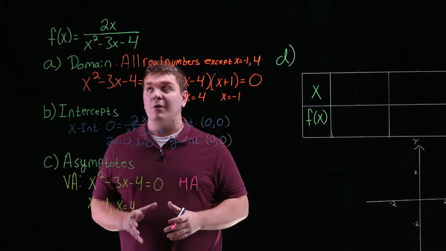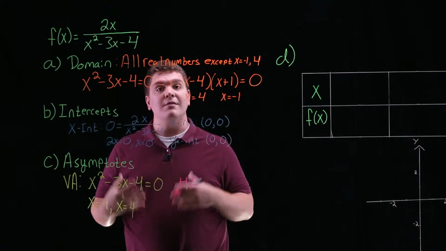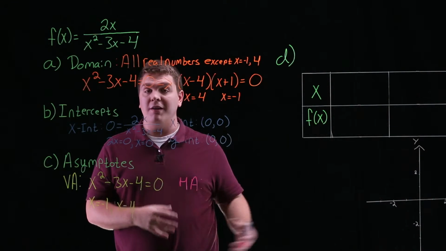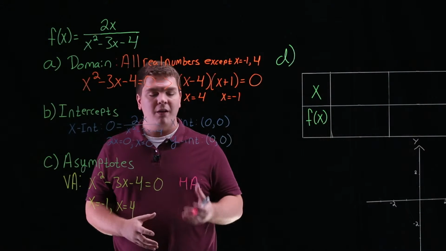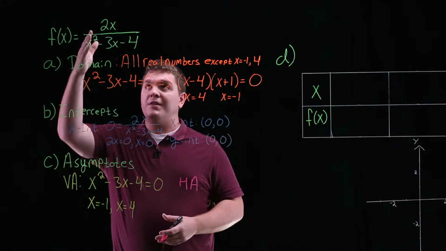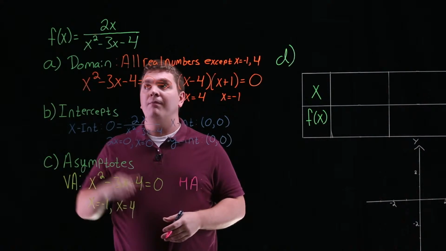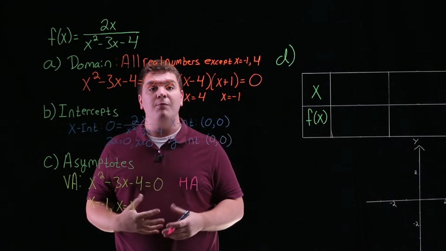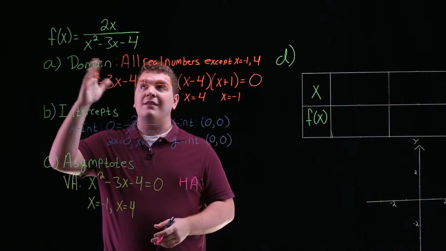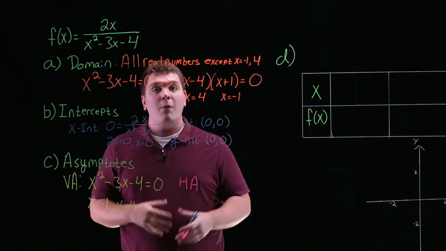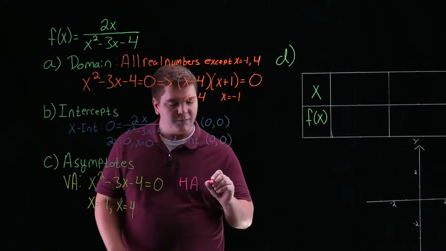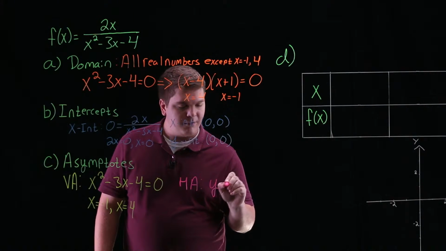The horizontal asymptotes are going to come from what happens as x approaches infinity or negative infinity. In this case, we see that the degree of the numerator is 1 and the degree of the denominator is 2. And since the degree of the numerator is less than the degree of the denominator, we know we're going to have a horizontal asymptote at y equals 0.